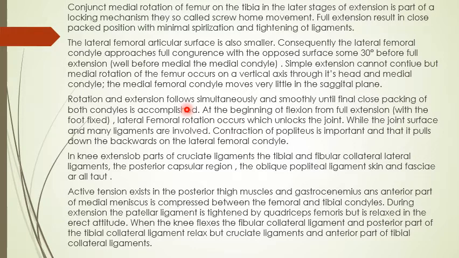And when medial rotation occurs in the femur, all the surrounding ligaments, the tibial collateral, fibular collateral, the oblique popliteal ligament and the capsule fibers undergo spiralization due to medial rotation.